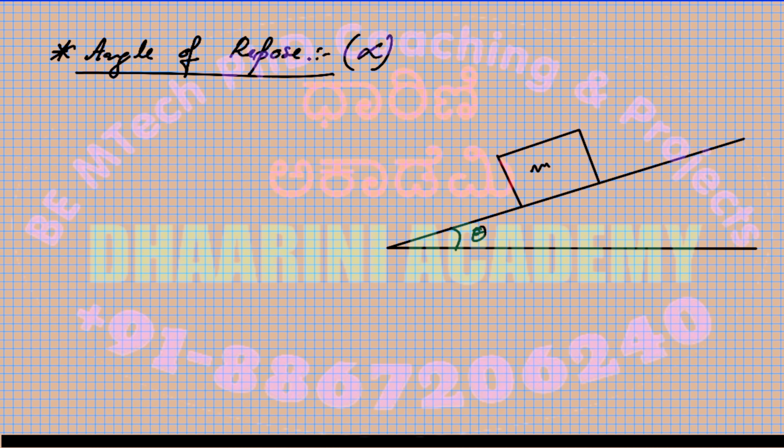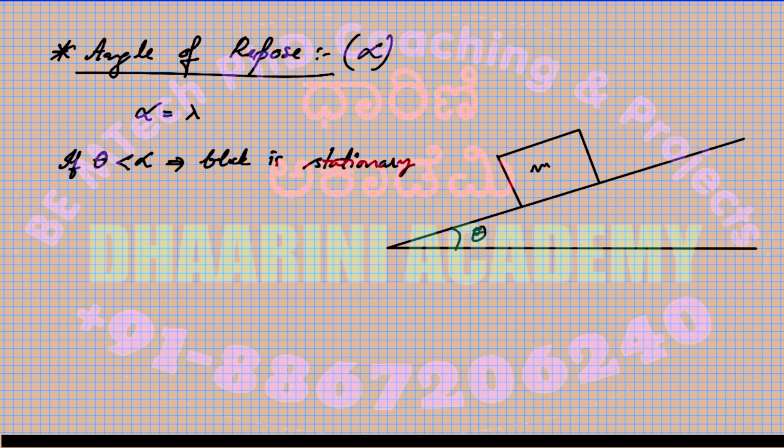Angle of repose alpha is always equal to the lambda which we have calculated earlier. Now the point is this: if the theta value is less than alpha, this means the block is stationary. Block will not move.